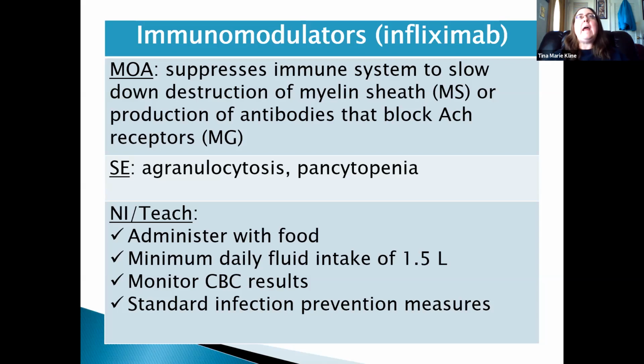Okay, so in thinking how this works, we get concerned about side effects, specifically agranulocytosis, which basically means just destruction of blood cells. And I have the term pancytopenia up there. Okay, penia means little or reduction of.